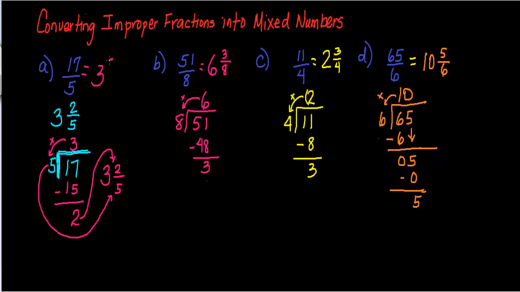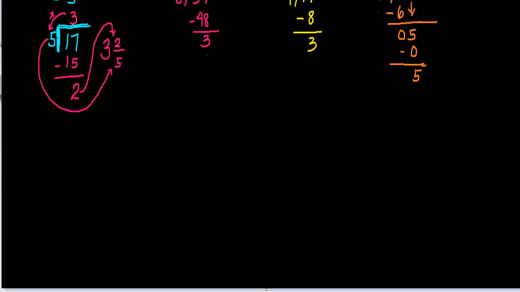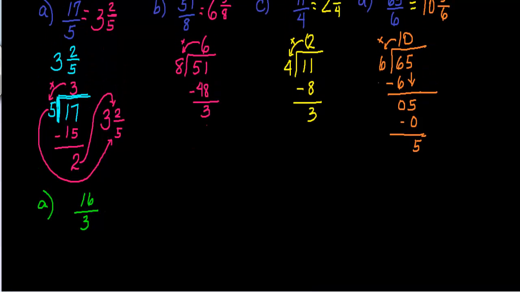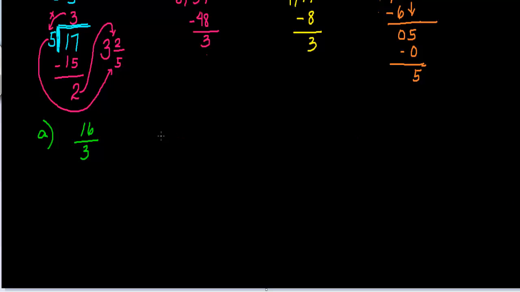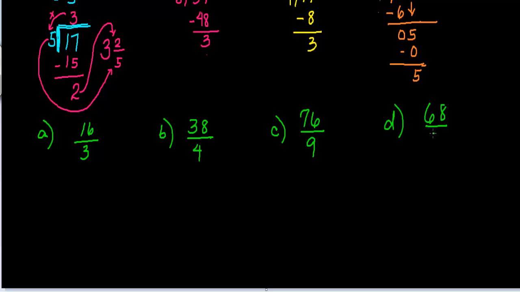That's how you convert an improper fraction into a mixed number. Now I want you to practice. I want you to do 16 over 3, and I want you to do 38 over 4, 76 over 9 and 68 over 3.